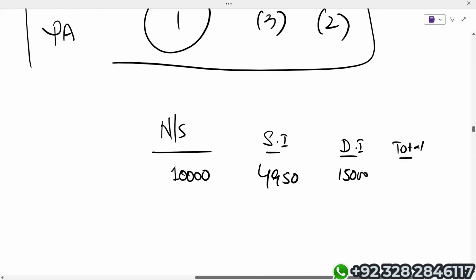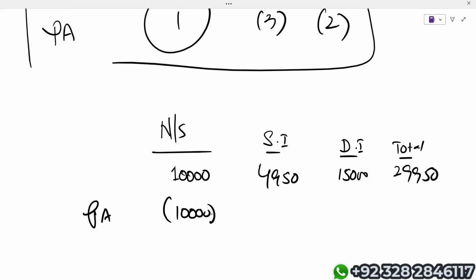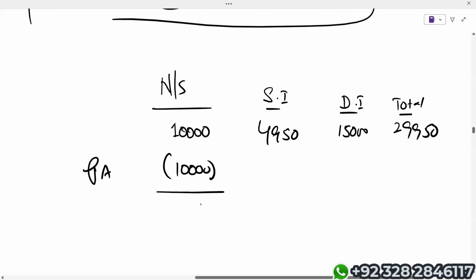If I take the total of this, 25,000 plus 4,950, it is 29,950. Okay. Personal allowance, 10,000. Now listen to me carefully. Logically, in the column of non-saving, we have a taxable income of 0.